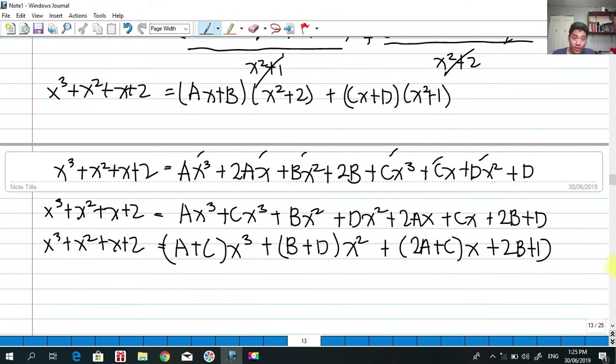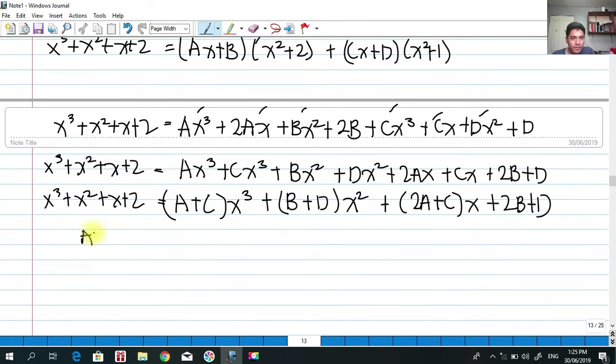And here are the equations. We have A plus C times x cubed. Do we have an x cubed on the left side? Yes, the coefficient is 1. So A plus C equals 1. That's our first equation. The other one is B plus D with x squared. Do we have an x squared on the left? Yes, the coefficient is 1, so B plus D equals 1. That is equation number 2.